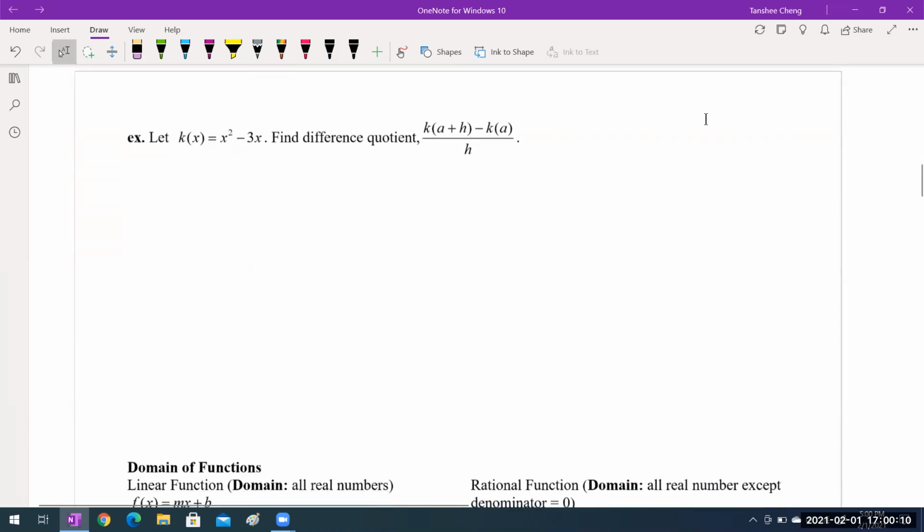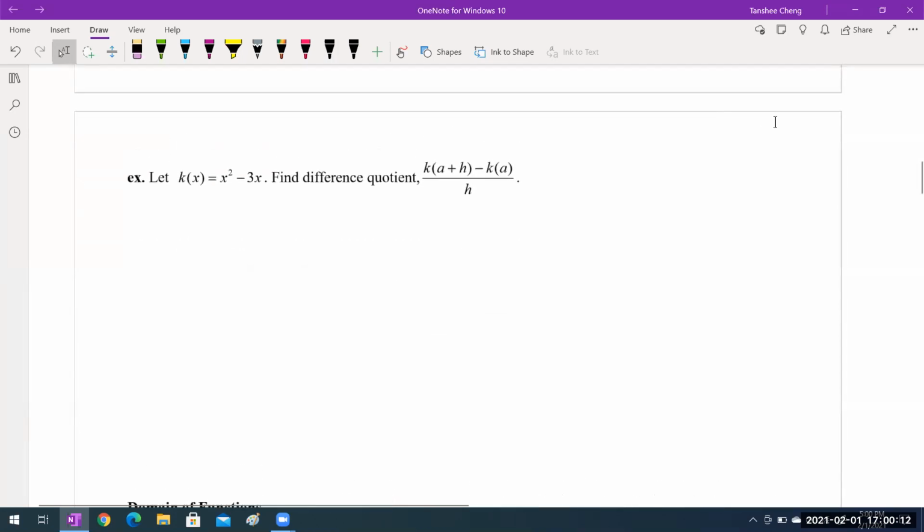This is something that we did in pre-calc, and it is also a crucial algebraic skill that you need to know how to simplify for any type of function. In this case, I'm giving you a function k of x equals x squared minus 3x, and we want to find the difference quotient. The formula for the difference quotient is k of a plus h minus k of a, all over h.